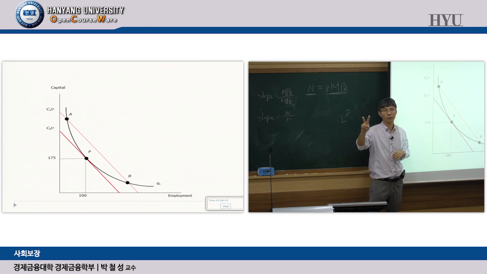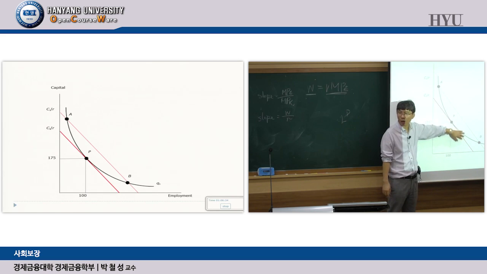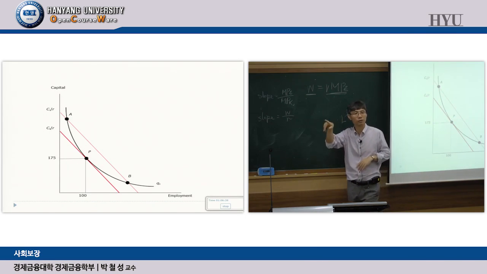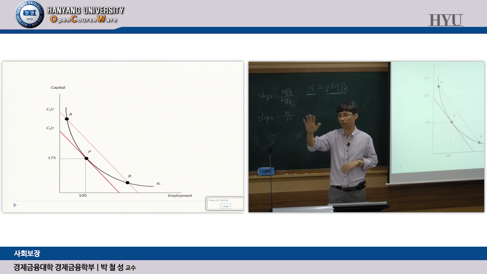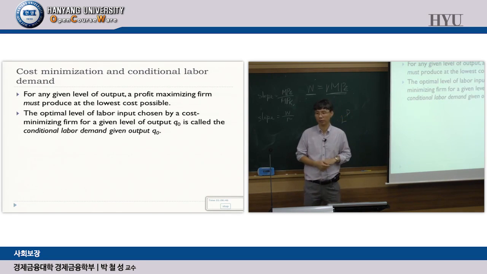One is the ratio of W to R. When the wage or rent changes, for example, this point is going to change. Another thing is the desired output. When it changes, then even if W over R doesn't change, your labor input is going to change. So that's why we call it the conditional labor demand.